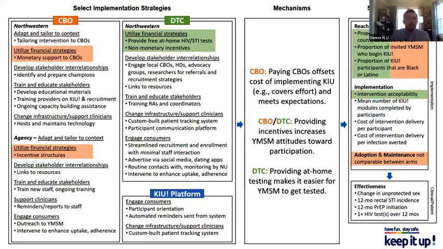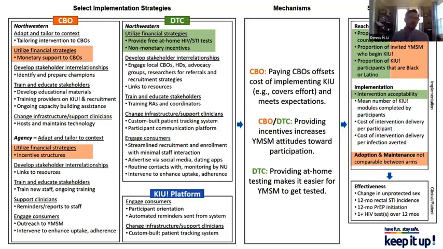Utilizing financial strategies is one that we used across both. For the CBOs, as part of the funding application process, we have contracts with the CBOs to deliver the intervention, and that meets normal expectations for them. They are allowed to, but not all CBOs are providing incentives for YMSM to use Keep It Up. And we'll be able to study those differences across CBOs that do provide financial incentives versus those that don't.